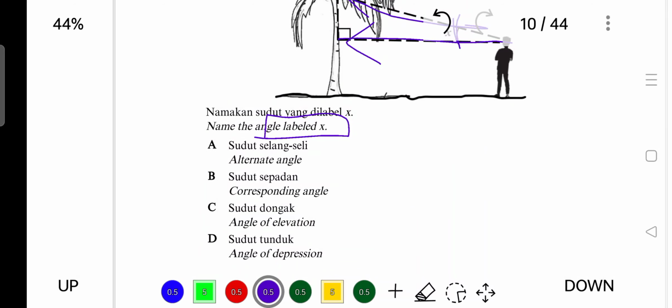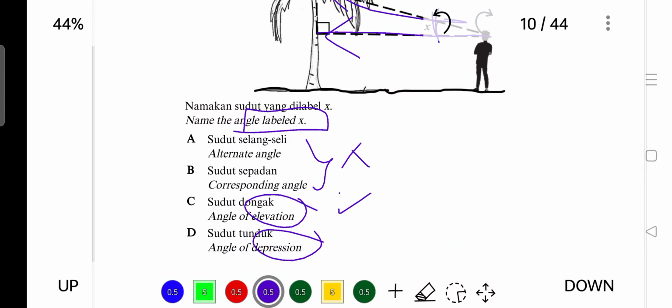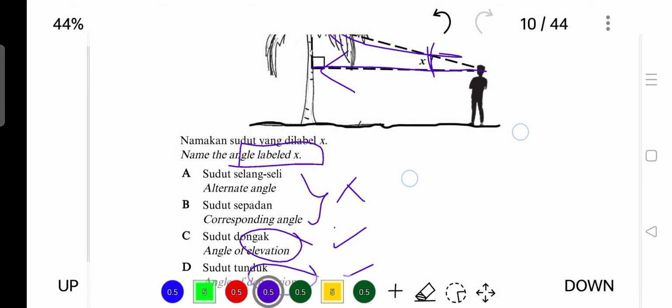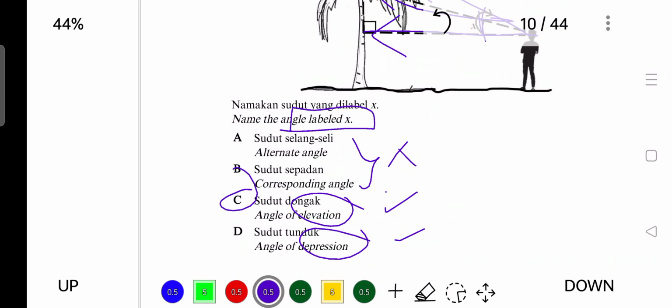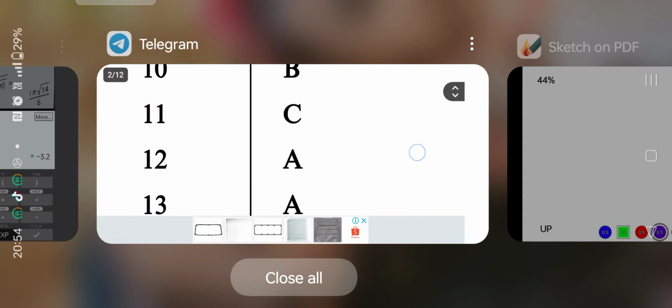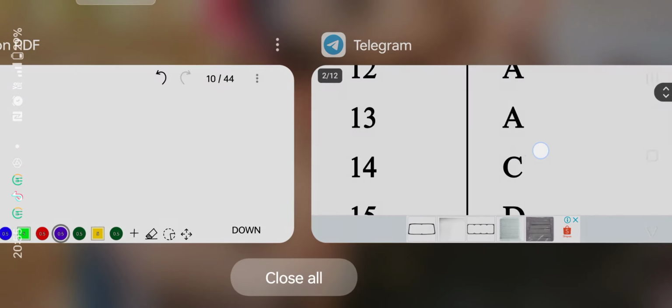Is this the angle of depression, where you see down? Or elevation, where you see up? Or corresponding angle, alternate angle? These two definitely no. Did you lift up your head, or put down your head to look at your object? Definitely you lift up your head, right? So that would be elevation. The answer is C. Is that correct? Yes, you are right.